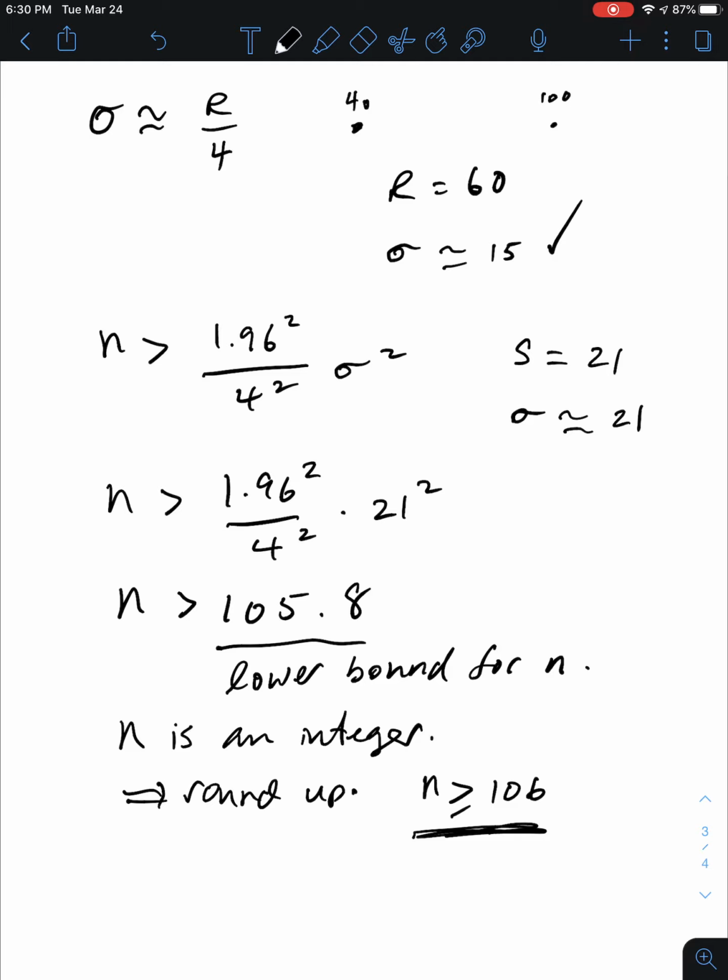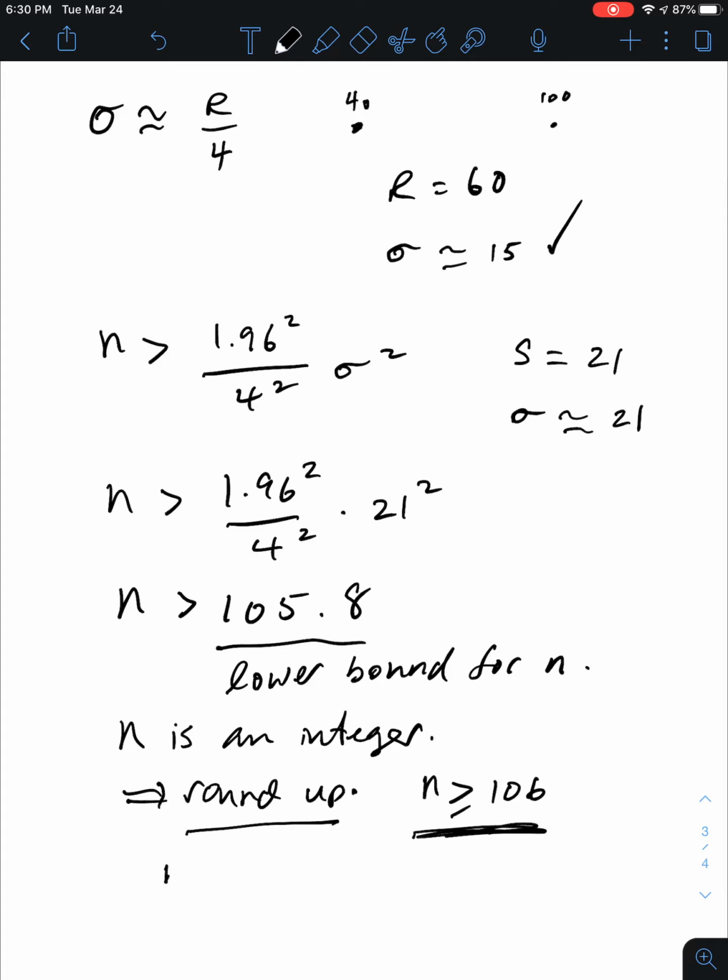So this gives us a nice idea about the bare bones, the smallest experiment that we can do and still satisfy our curiosity here. All right, so we always round up.